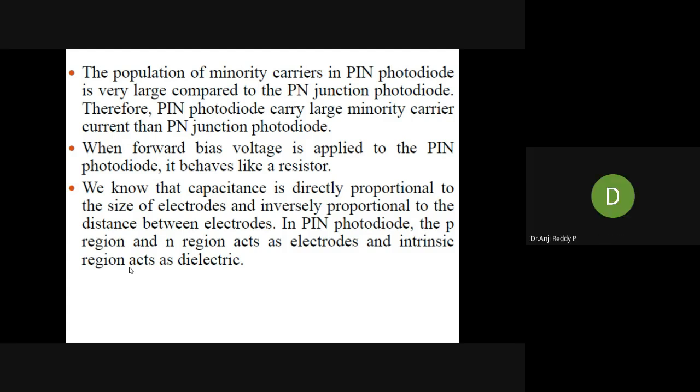Then what is the relation between capacitance and D? D is the distance between the two plates, so inversely. That is what we are saying here. Capacitance is directly proportional to the area of the electrodes, size meaning area, and inversely proportional to the distance between the electrodes. In a pin photodiode, the P region and N region act as electrodes and the intrinsic region acts as a dielectric.